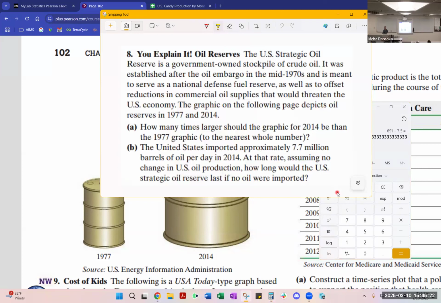The second question was asking us, the United States imported approximately 7.7 million barrels of oil per day in 2014. So at that rate, keeping that rate the same, assuming no change in US oil production, how long would the US Strategic Oil Reserve last if no oil was being imported? What would we need to do here?